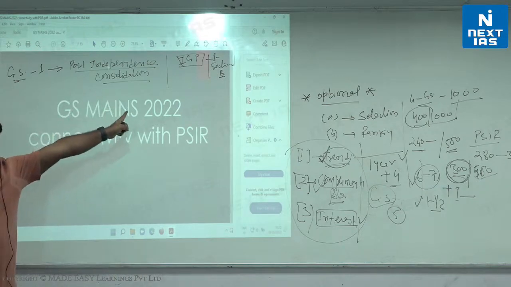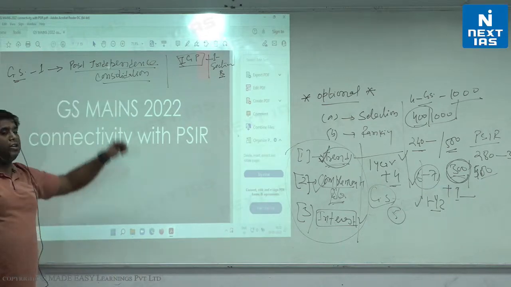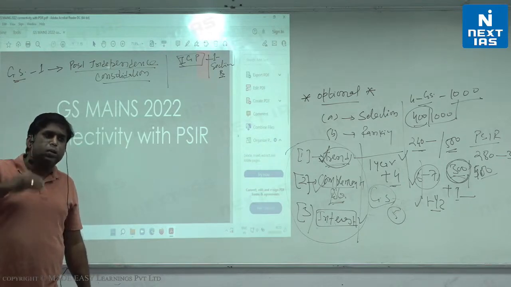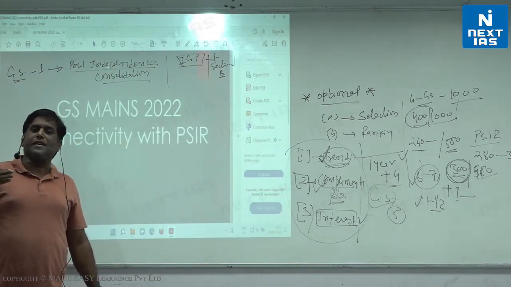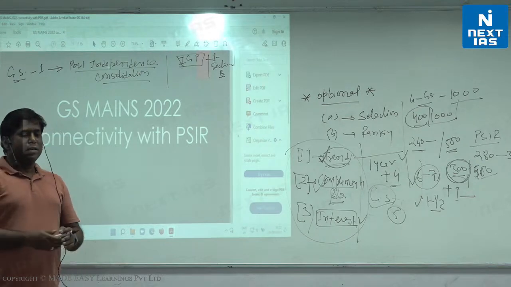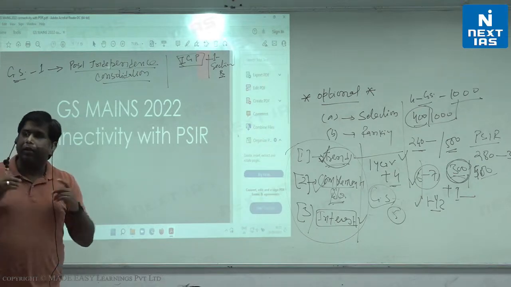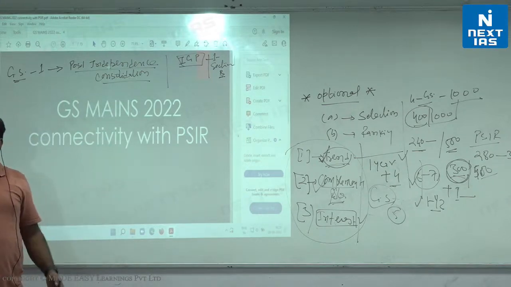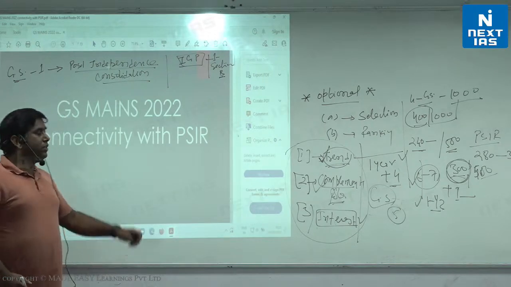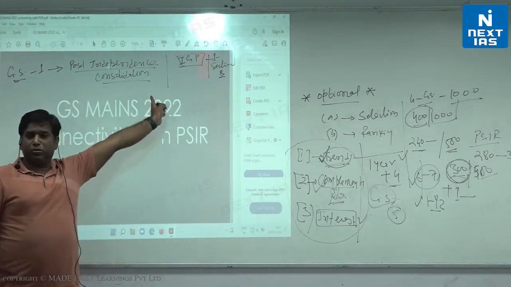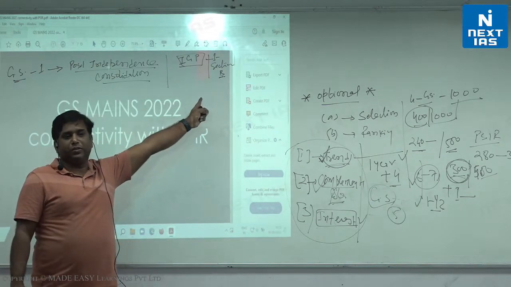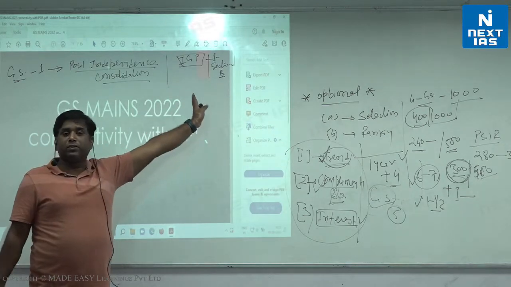It is the same syllabus. When we talk about post-independence consolidation, it means how our political system got consolidated after independence. Here we discuss political parties. Here we discuss the role of pressure groups. Here we talk about how states have been formed. These are the things you have to study in post-independence, and the same thing you can find in your IGP section. So there is a convergence.